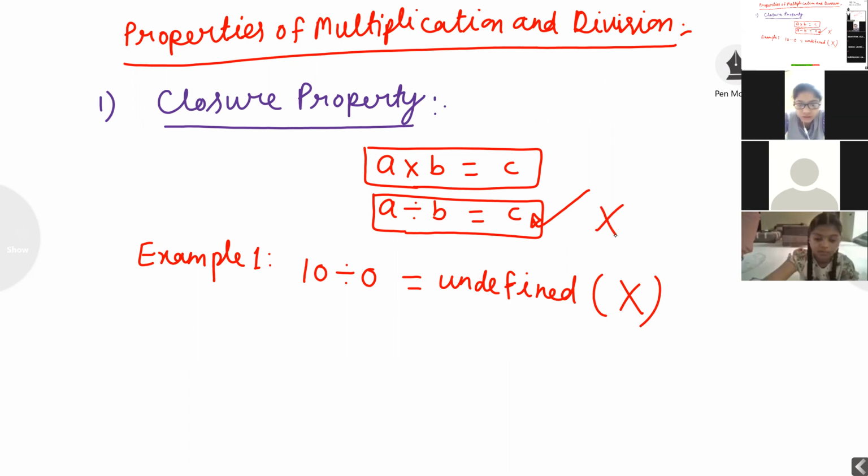Now I want to check, can we apply closure property in the case of multiplication? Example, 5 into 4 is equal to 20. 5 is a number, 4 is also a number. When we multiply these two, the answer coming is 20. 20 is also a number.